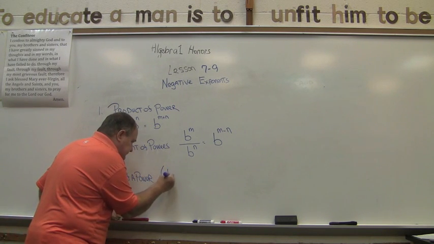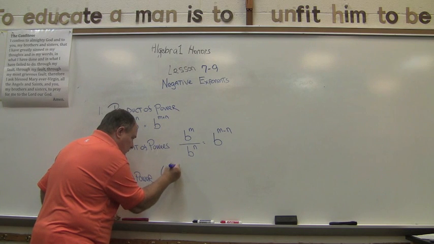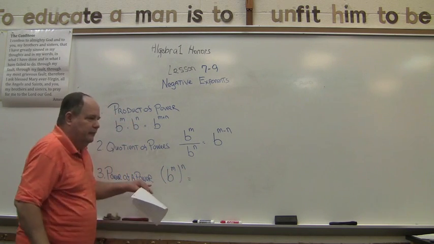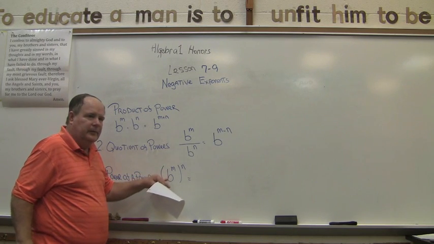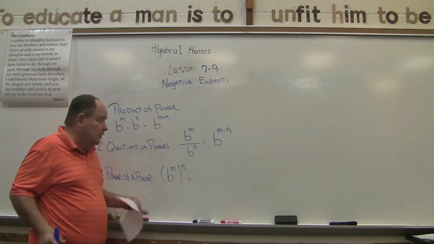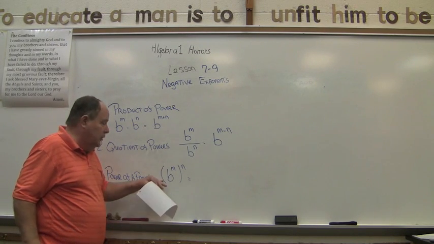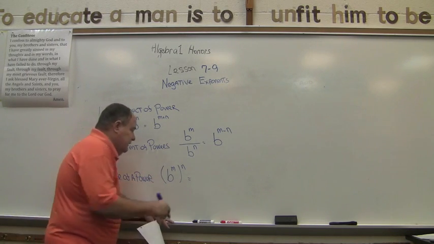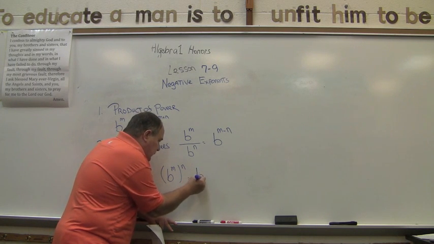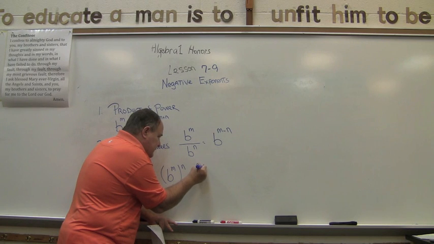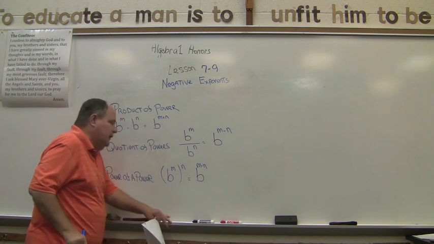If you have something that looks like this, okay, you have a variable or you have a number to a power, and it's inside of parentheses, raised to another power, could be a positive power or negative power. All you have to do is you take that power and you multiply these two together, m times n. Okay, I call that the power rule.